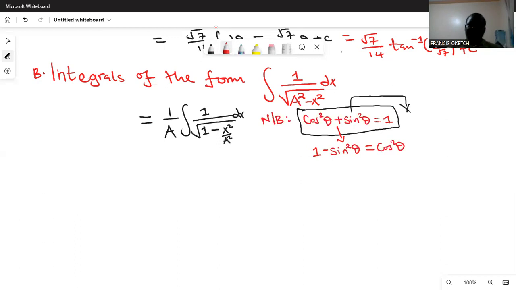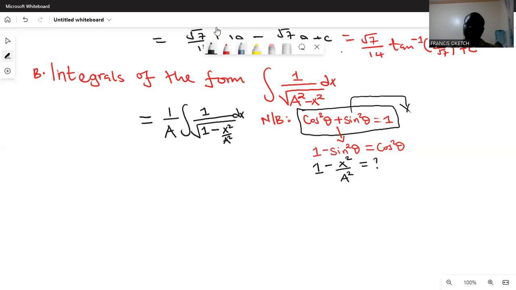We compare this, look at what we have under the square root. Under the square root, we have 1 minus x squared over a squared. Let's compare with the left-hand side.